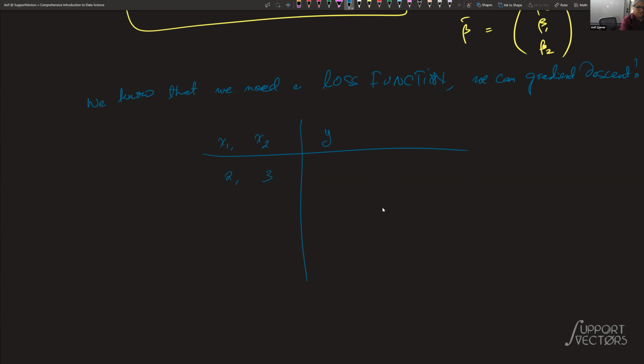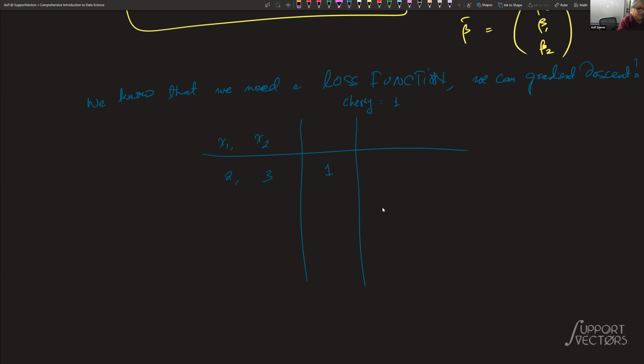And it could be, of course, floating point, need not be integer. And y is cherry. So let's just decide that we will mark cherry as 1. The actual probability of a cherry is 1, isn't it? Let's say that it is a cherry. So then there is no doubt about it. In reality, there is no doubt. We know that at point 2 and 3, there is a cherry. That's what the data is. So this is a fact.